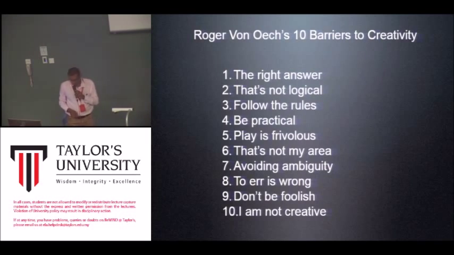Number seven, avoiding ambiguity. The word ambiguity means unclear. Sometimes you will find that assignments are intentionally made to be ambiguous. Why? Because they want you to brainstorm, to ideate, to come up with a solution on your own. Sometimes they are designed that way.